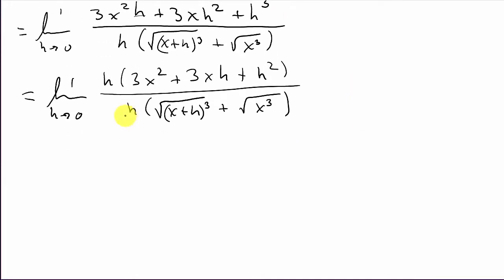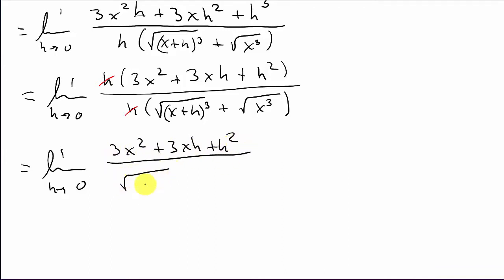The h's cancel out, so we're left with the limit as h goes to 0 of 3x squared plus 3xh plus h squared over the square root of x plus h cubed plus the square root of x cubed.